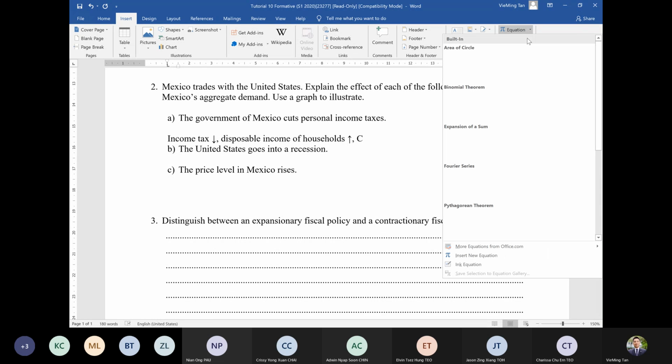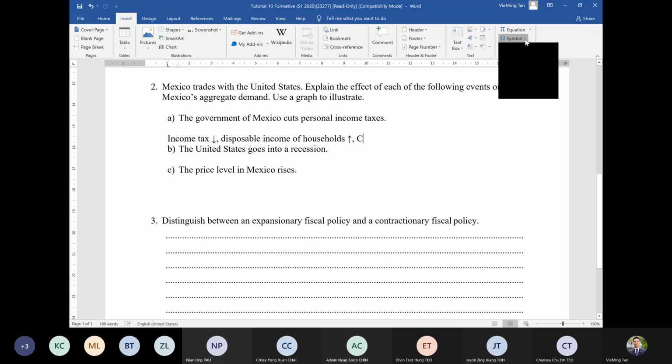Oh, I should click the symbol. Can you see this? All right. So C is going to increase, right? If C increases, what is the impact? C increases, that means the AD will increase.